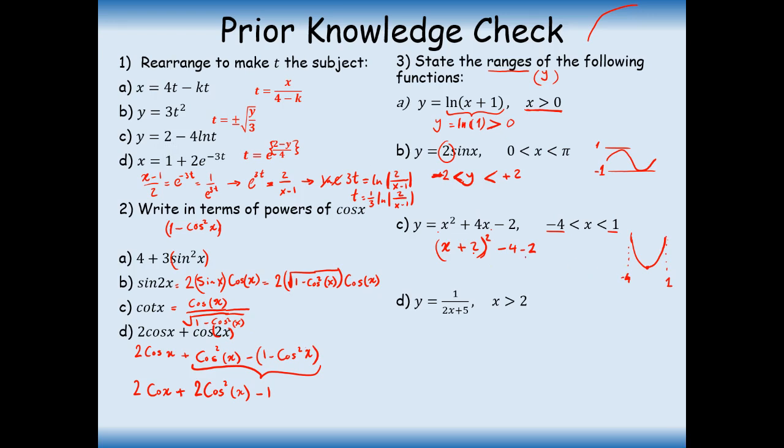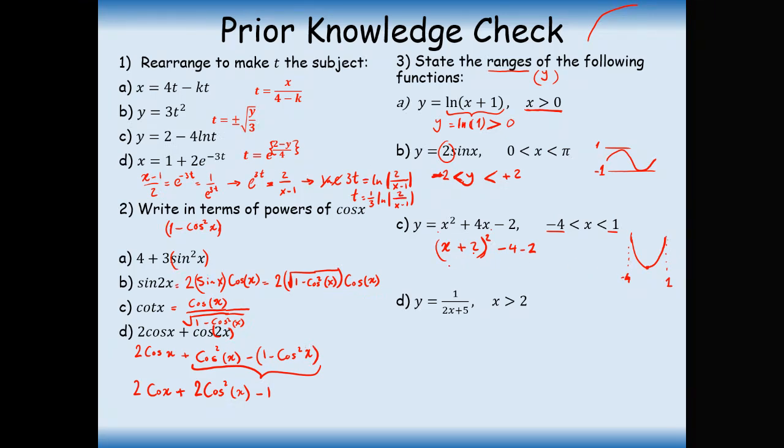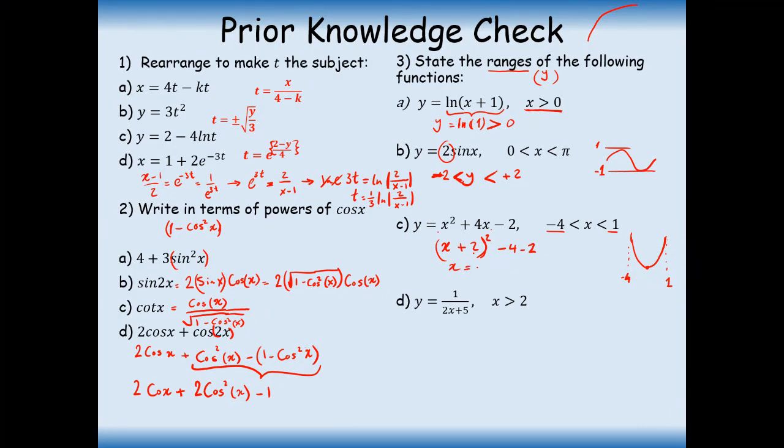So what it's telling us here is that the minimum point is when x is negative 2. You basically take this bracket x plus 2, say equal to 0 and solve it. And here the minimum is achieved at minus 2.